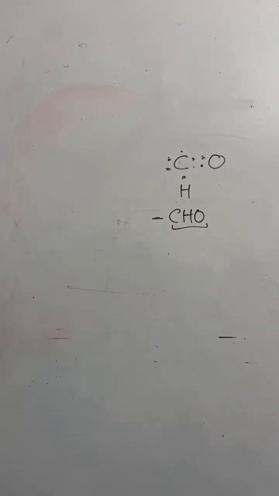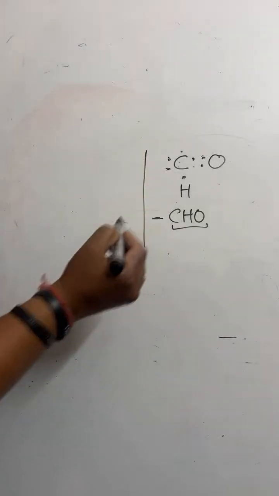So such kind of bond and such kind of group is called the aldehyde group. It comes in nomenclature actually. Is it clear? It comes in that CHO. And here one more group is also there, that is called ketone.